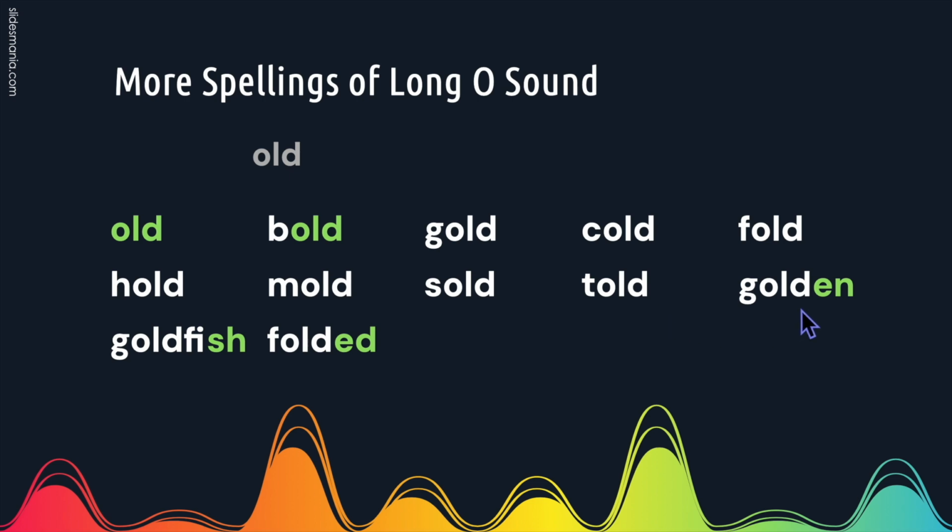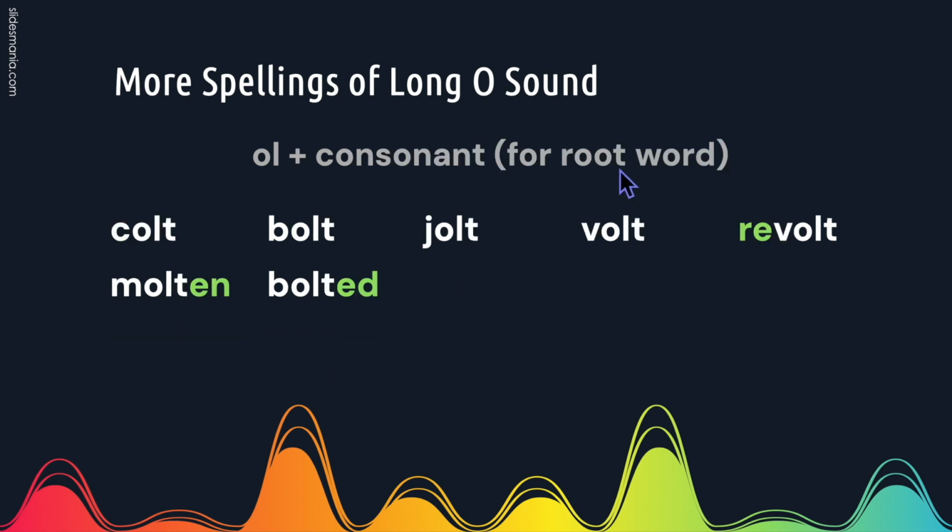It keeps this sound even if we add a suffix at the end, such as these suffixes in green. Golden, goldfish. Actually, this isn't a suffix. This is a compound word, 2 nouns put together. SH says sh. So goldfish. Folded.